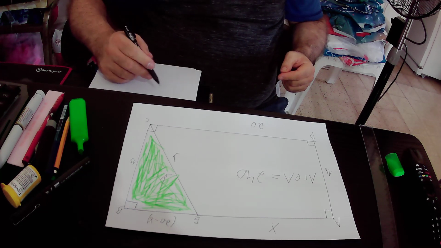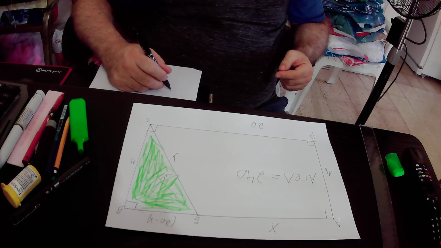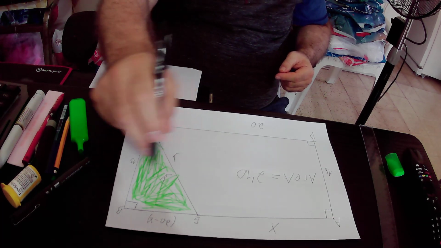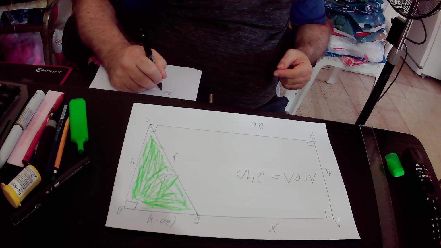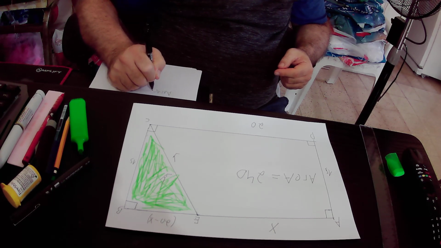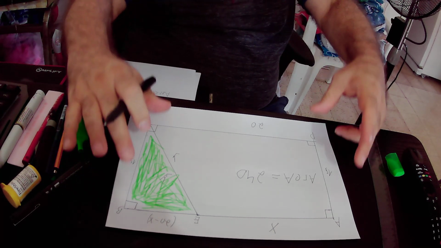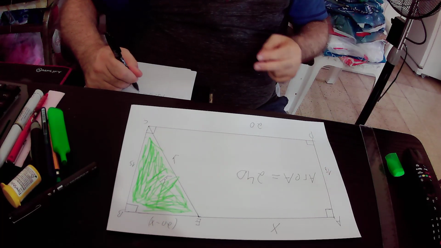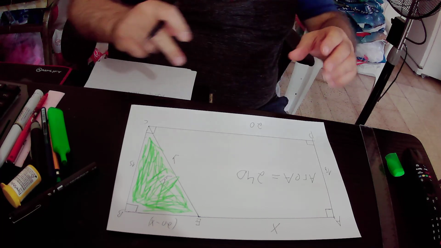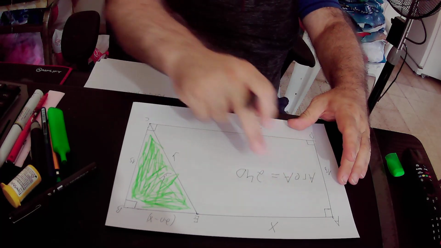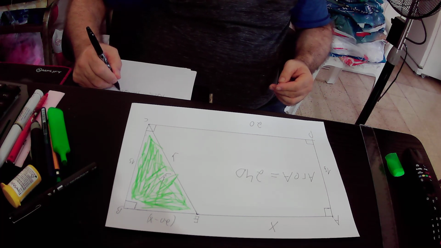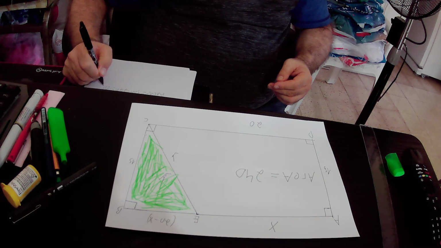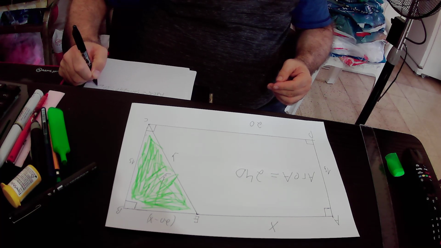Okay, so the area of the green right triangle EBC equals the area of the rectangle, that is 300 units squared, minus the area of this shape, that is 240 units. 300 minus 240 equals 60 units squared.